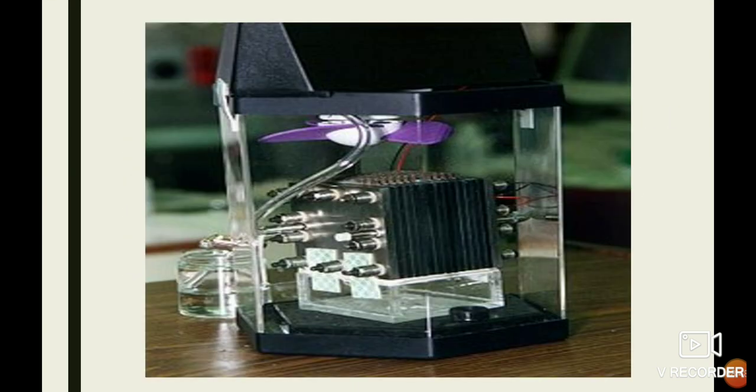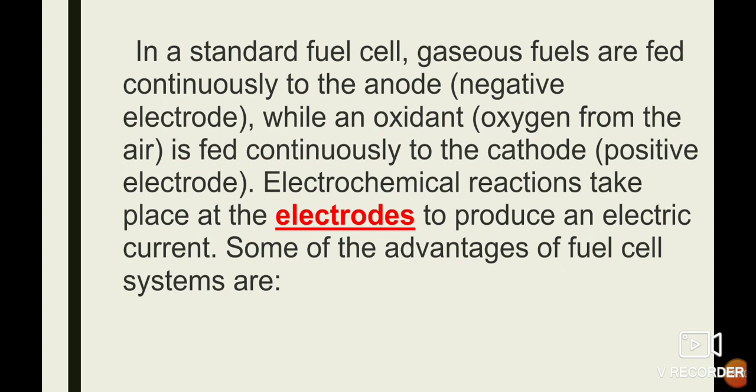In a standard fuel cell, gaseous fuels are fed continuously to the anode, the negative electrode, while an oxidant, oxygen from the air, is fed continuously to the cathode, the positive electrode. Electrochemical reactions take place at the electrodes to produce an electric current.